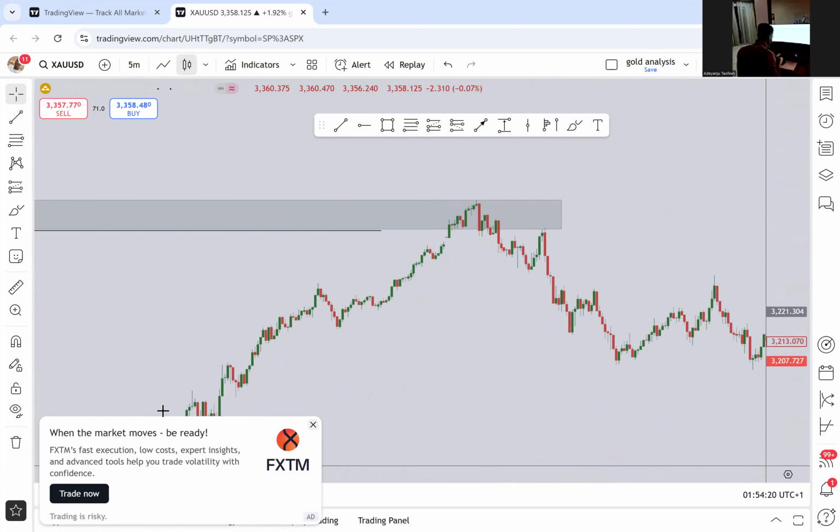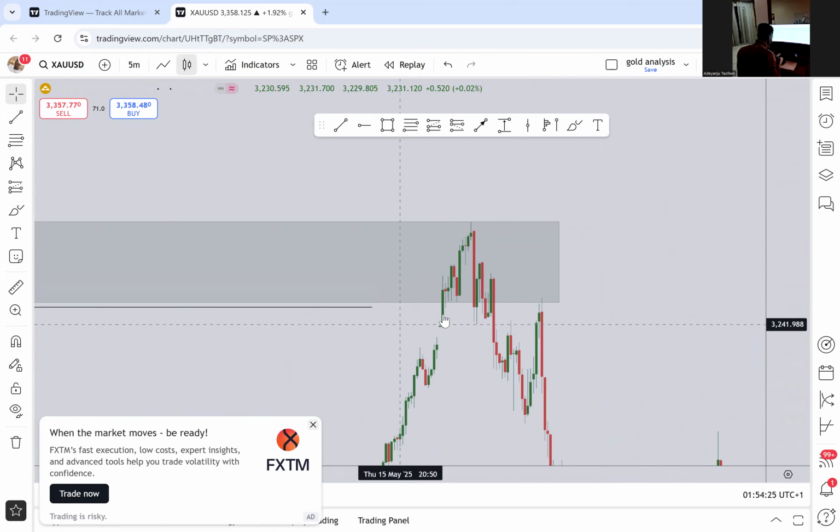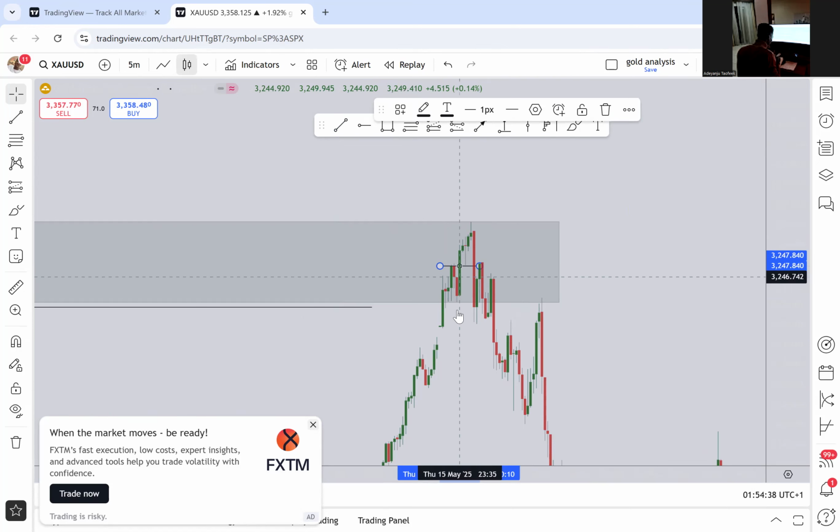So yeah, very good, guys. Now we can see that this is the last point. We've got price at that supply. It kind of starts pushing with heavy sellers pushing in, but that's not the case.